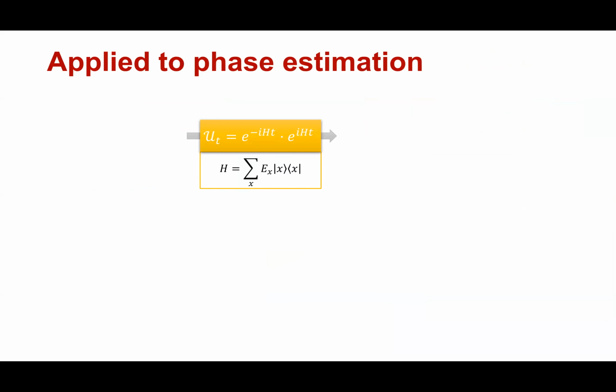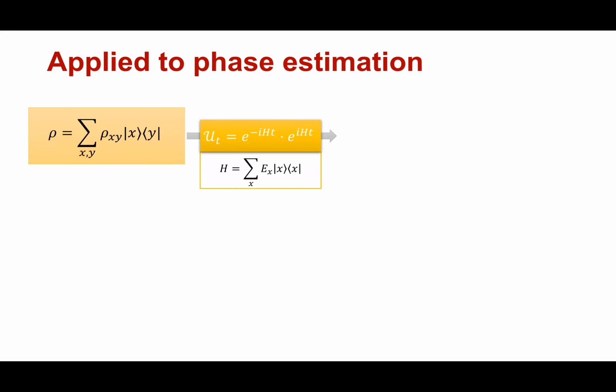So whether it can work well, we apply it to some straightforward phase estimation task. For phase estimation, the quantum channel can be considered as a free evolution under Hamiltonian H. And the parameter we want to estimate is the action time t.